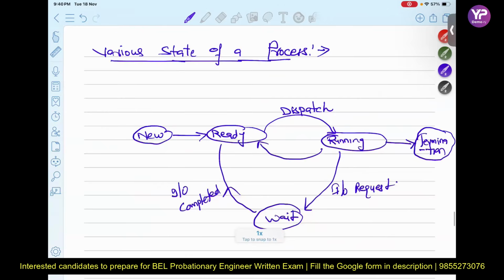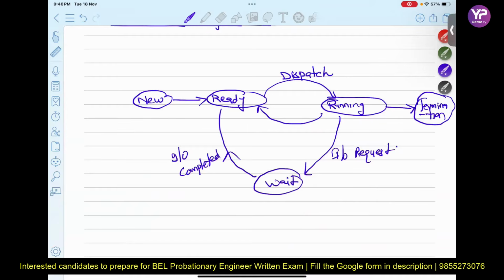Can you tell me in this diagram how many states? Five, sir. Five states.